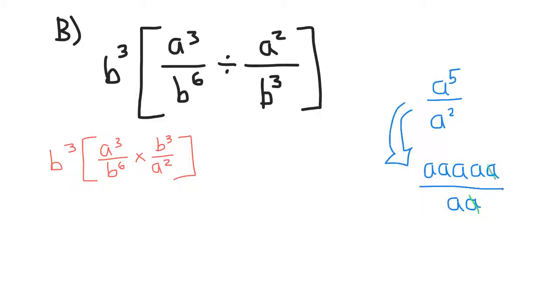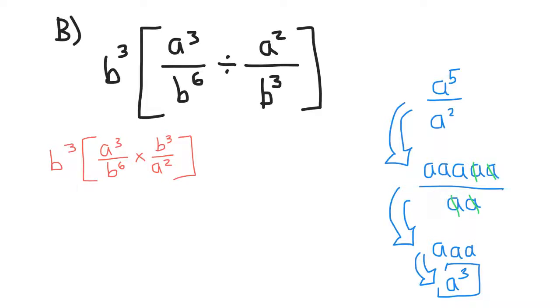And this would cancel with that, this would cancel with that, and you would be left with, at the end of the day, a to the 3rd, okay? So this would be the simplified version of this scenario. Now, I did it by representing how many a's you've got multiplied together, and then showing you why it works out this way.